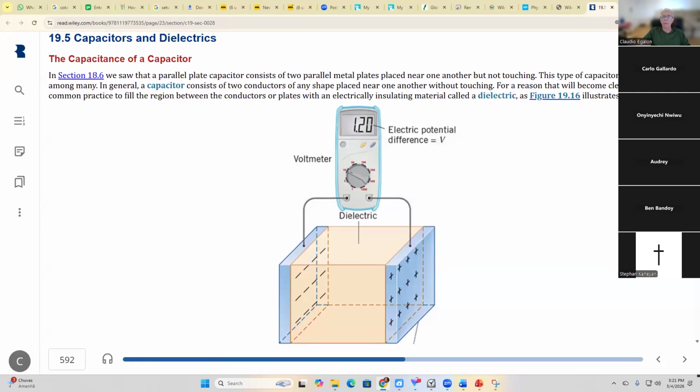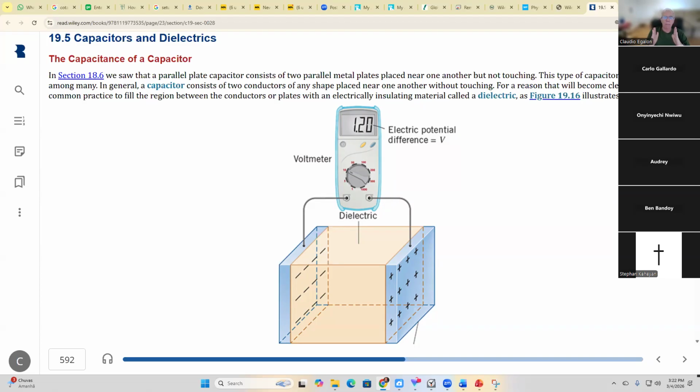Okay, and we can even measure the electric potential using a multimeter, okay? Remember the multimeter that we used before in lab one? You can have the two plates, there is air there inside, and then you insert a dielectric. Initially, you have air, right? The two plates of the capacitor. And the capacitor looks exactly like that. Two metal plates parallel to each other that you apply a potential difference with a battery and you charge them.